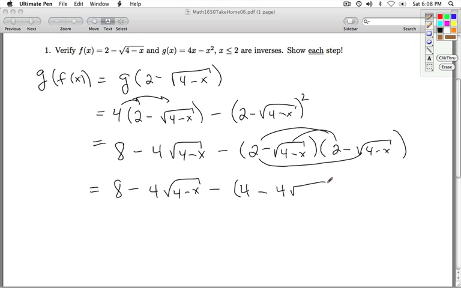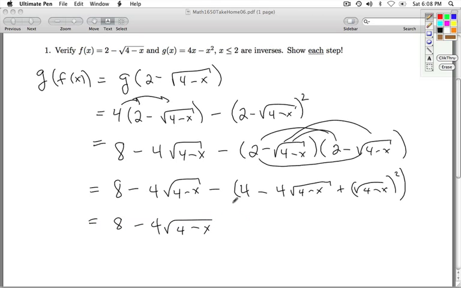That's a negative 4 square root 4 minus x. Positive square root 4 minus x squared. So I get 8 minus 4 times the square root of 4 minus x minus 4 plus 4 square root 4 minus x minus 4 plus x.